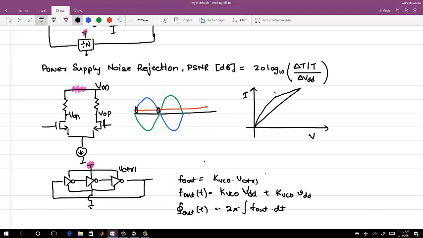Let's say this is the common mode voltage, VCM. When the swing is lower, you are at a different node, and when the swing is higher, you are at a different node. And the incremental impedance dV by di is different, so you will see a different output swing.